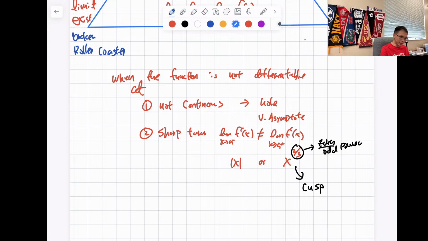The last one, the third condition, is kind of special because it works on a roller coaster, but it doesn't work with differentiable. This one is called a vertical tangent, or the slope is equal to infinity. That's just another way to see a vertical tangent.